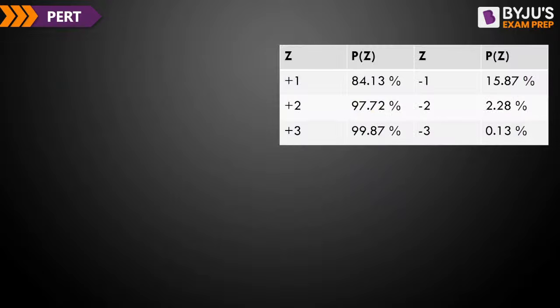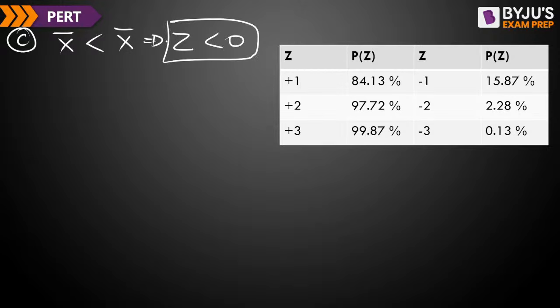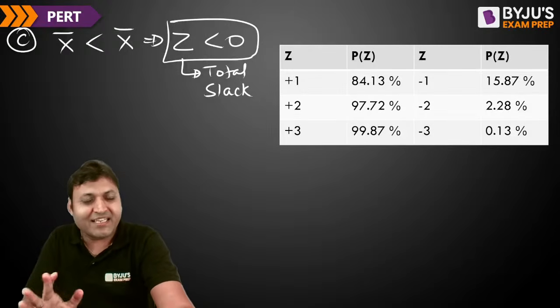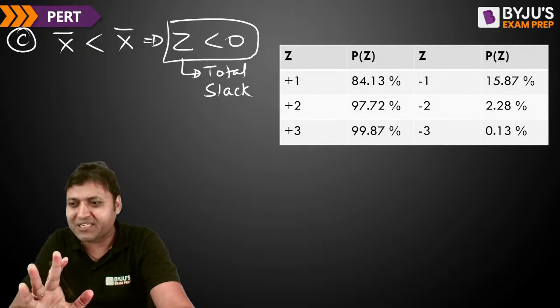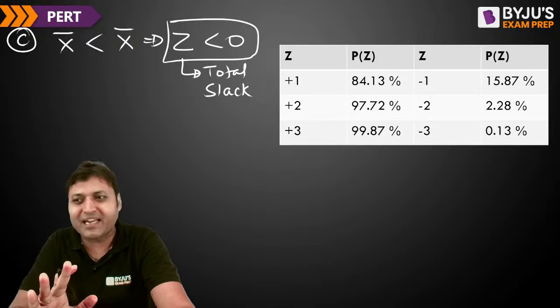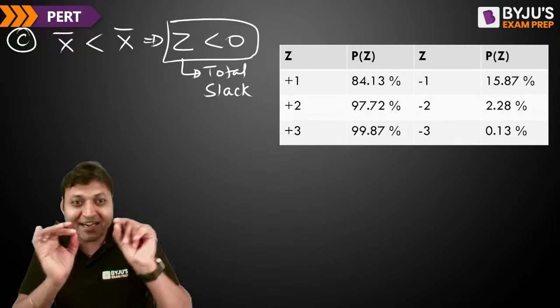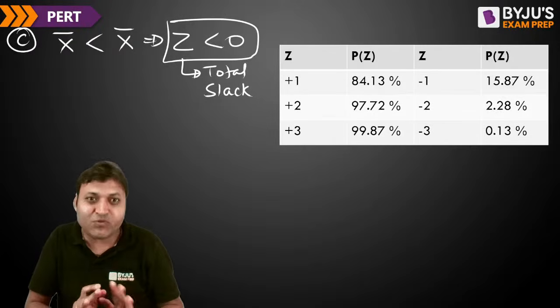Similarly, if we want the project getting completed in less time, then we can say Z will be negative. That is the total slack on critical activities. If we want the project getting completed in 8 days, but 10 days is the expected project completion time, then the critical activities will be having negative slack.